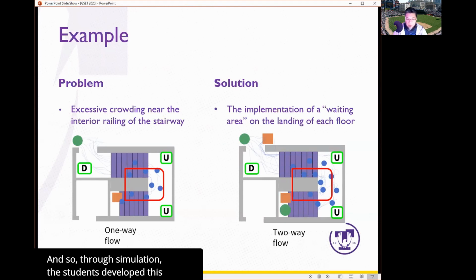Through simulation, the students developed this particular solution of implementing a waiting area on the landing of each floor. In addition to coming up with this solution, the students ran simulations for both of these variants of the scenario to determine whether or not there were excessive collisions between the various avatars that move up and down on these floors.